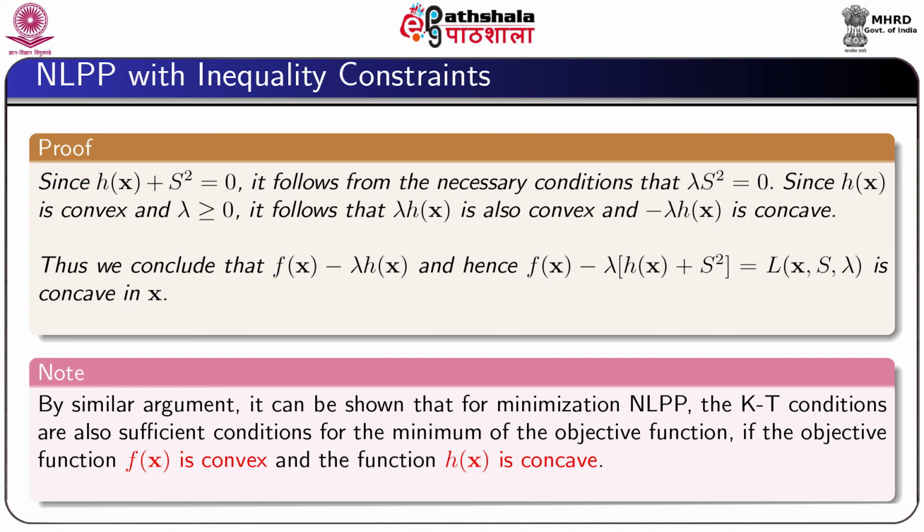Hence, the theorem is proved. By similar argument, it can be shown that for minimization NLPP, the KT conditions are also sufficient conditions for the minimum of the objective function if the objective function fx is convex and the function hx is concave.